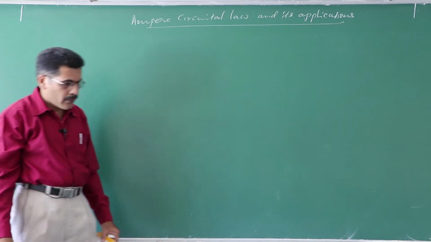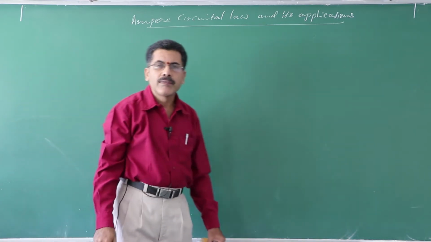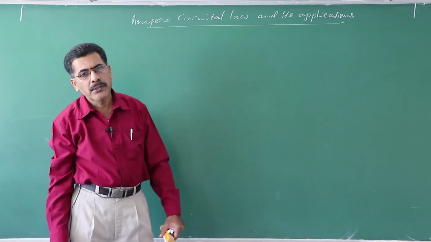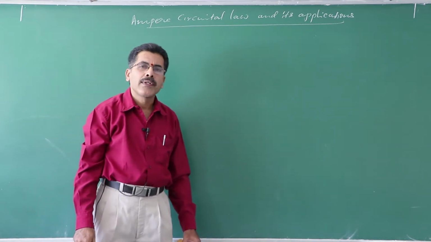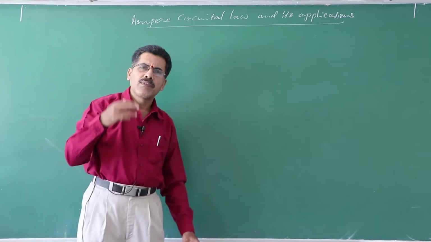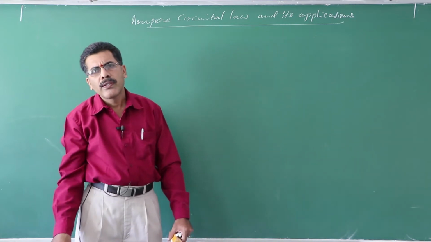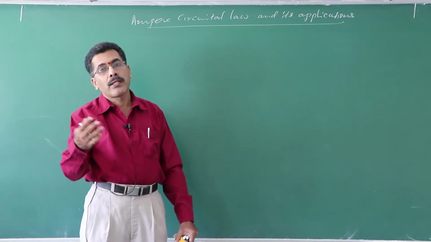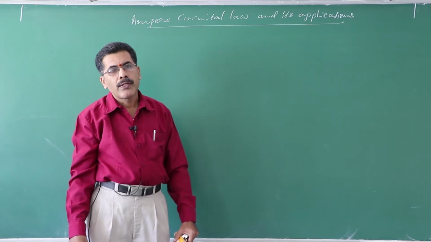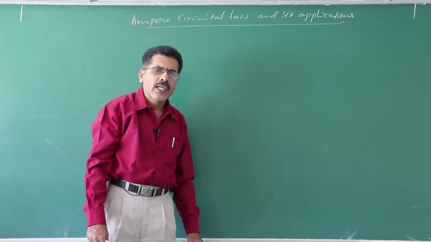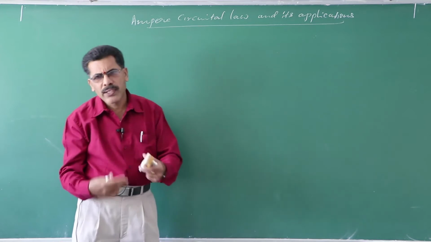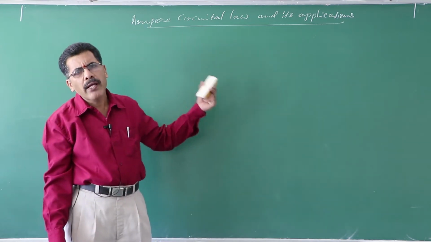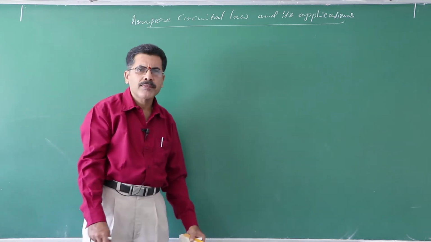Ampere was a French physicist, chemist and great mathematician. At the age of 12 years itself, he could master advanced mathematics. He was so genius and he contributed a lot for the development of magnetic effect of electric current.